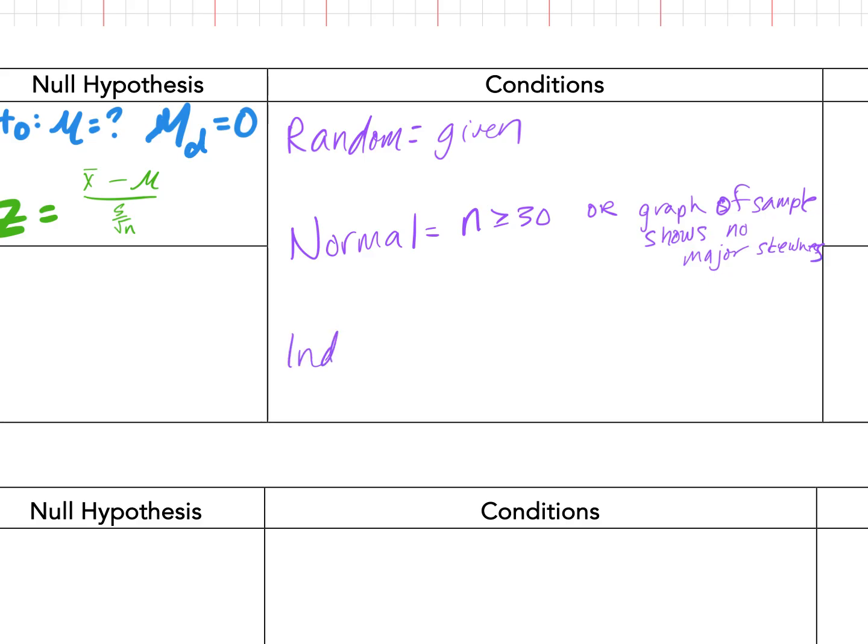Independent. N is less than 10% of the population, or individual responses are independent.